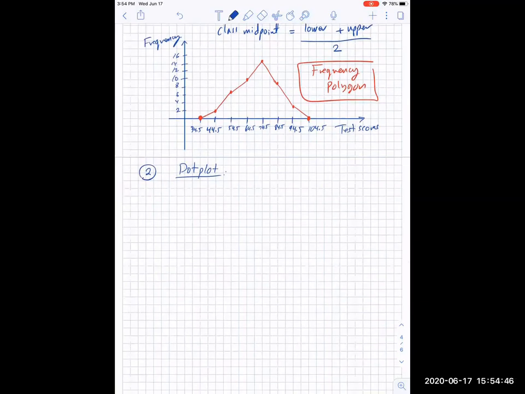All right. So consider the following set of sample data.